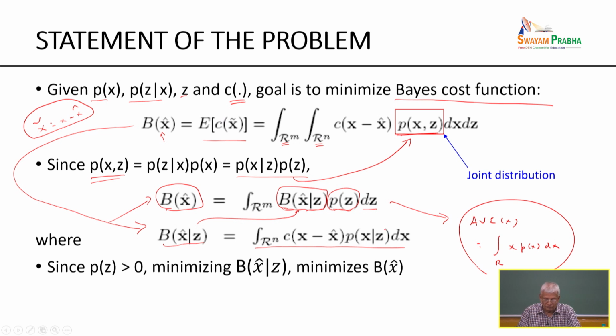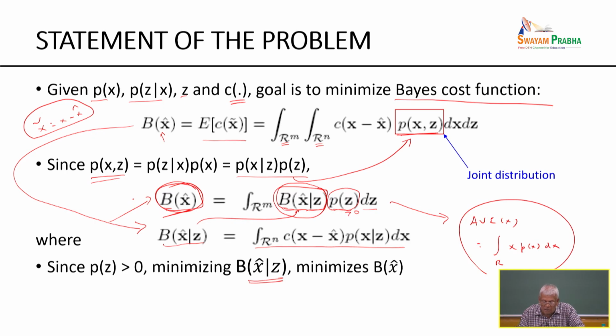Therefore, p of z is always greater than or equal to 0, the probability of observing a certain set of observations. So minimizing B of x hat is equivalent to minimizing the inner integrand, which is B of x hat given z. So by minimizing this, I can minimize this.